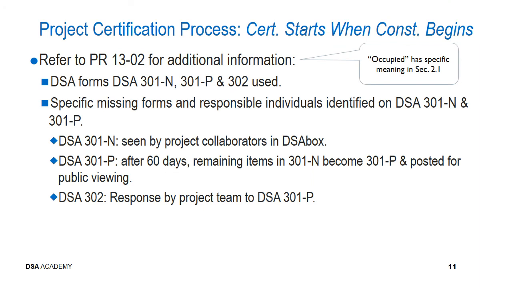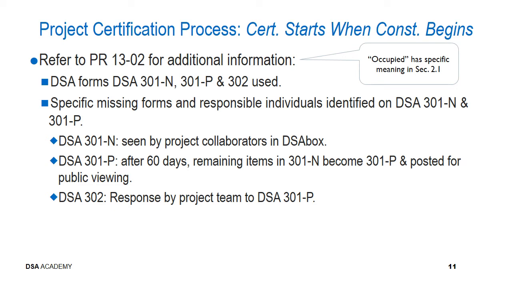So going into this in a bit more detail, as far as procedure PR 1302, that particular procedure has more information related to what we're going to cover, which is just the highlights at this point. Remember, the overall idea is that when it comes to the project certification process, as the title of the slide notes, certification starts when construction begins.